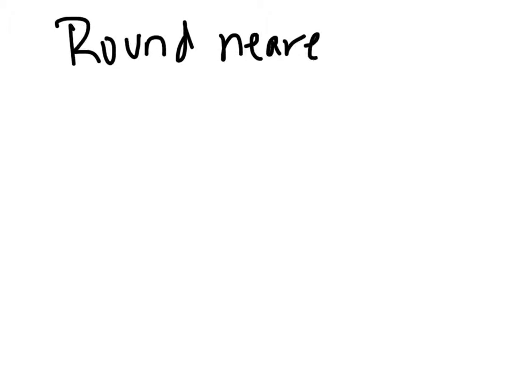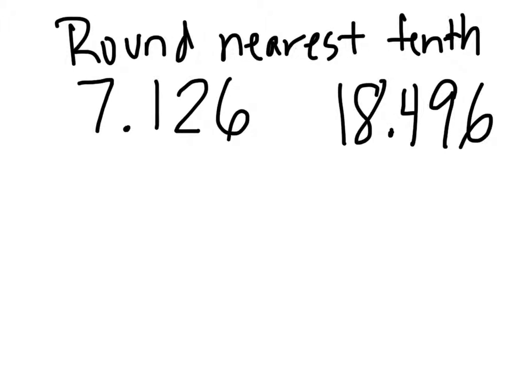So let's try some examples. We're going to round these to the nearest tenth. I'm going to start with 7.126. I'm rounding the tenths place, so I will underline it, but I have to look at the number next to it.